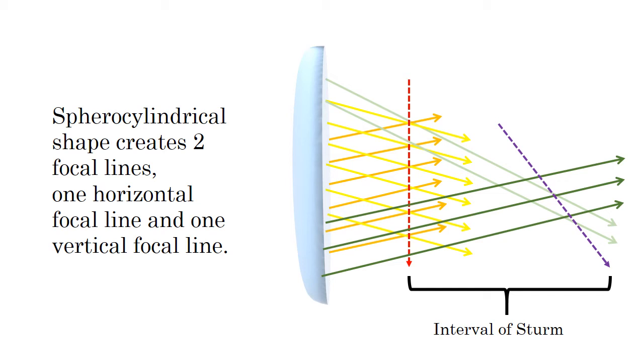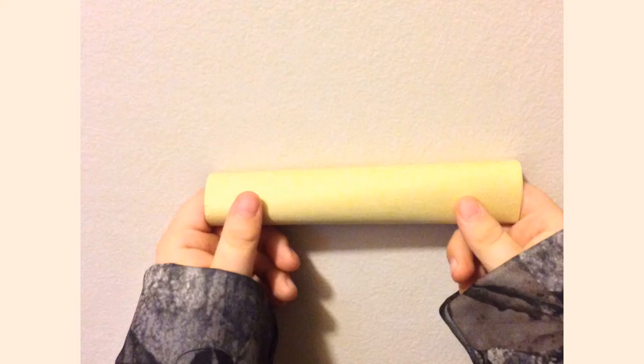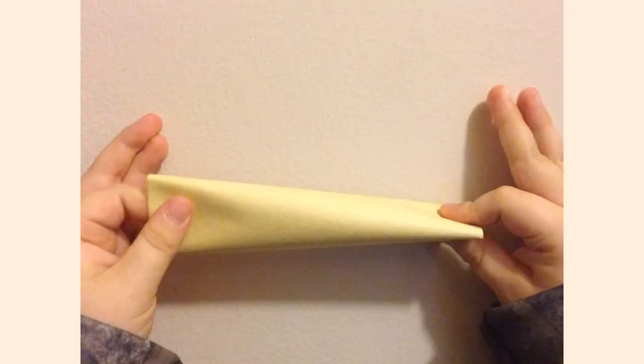And because it's so hard for me to represent that area in a picture, you can get an idea of what this is going to look like if you take a piece of paper and roll it up and then pinch one end with your left hand, pinch the left end vertically, and then with your right hand, pinch the right end horizontally. And that's kind of the shape that is created by this.